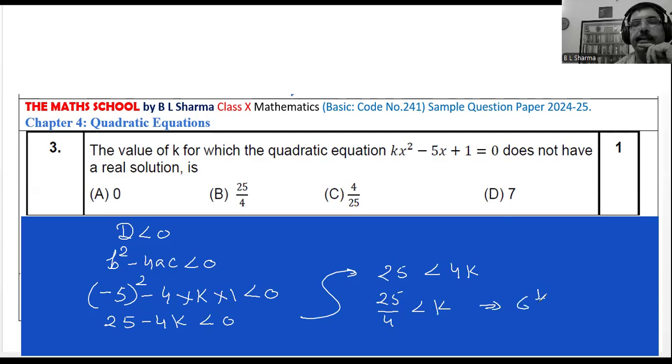Further, we can say that 6.25 should be less than k. So the value of k should be more than 6.25. Right? But here is the problem, that this number is more than 6.25. Therefore, D is the correct option.